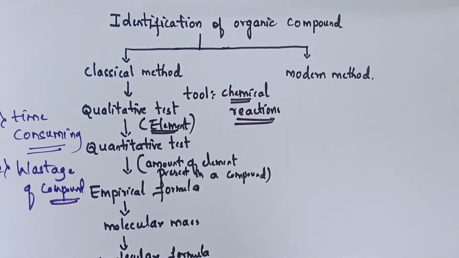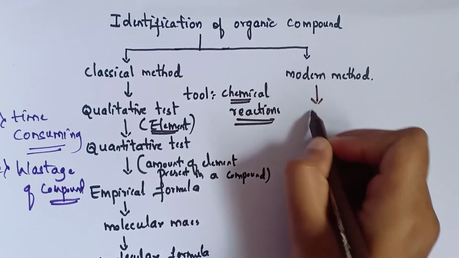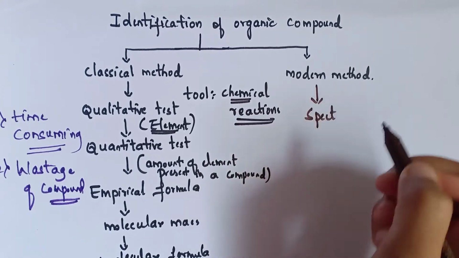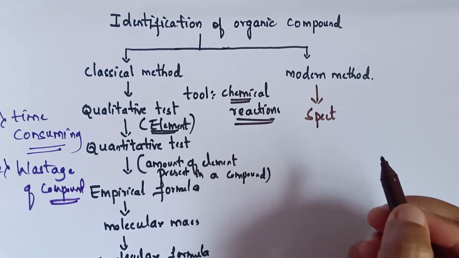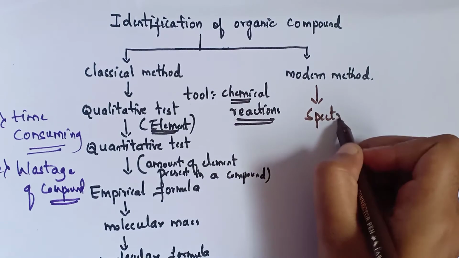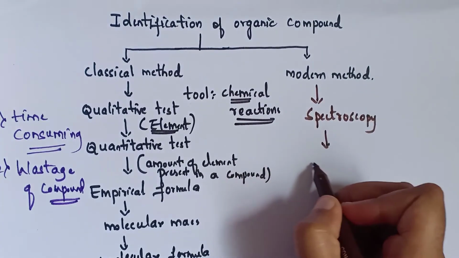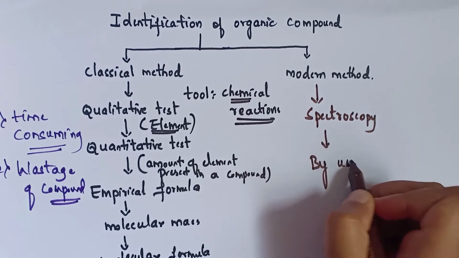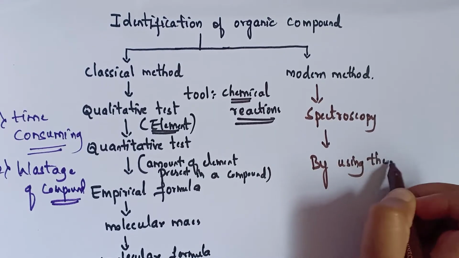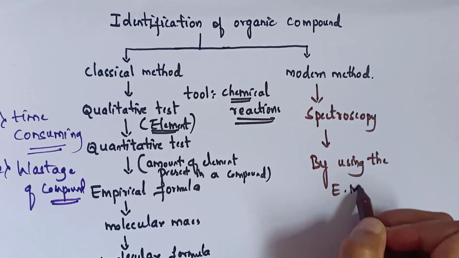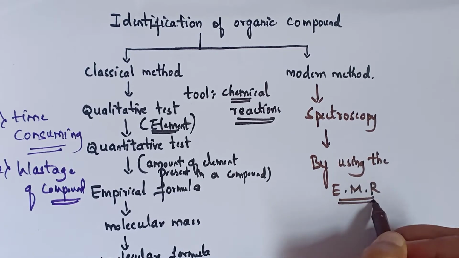Now coming to the modern method, it is about spectroscopy. The modern method for identification of organic compound is nothing but spectroscopy. Here the tool is the electromagnetic radiations.